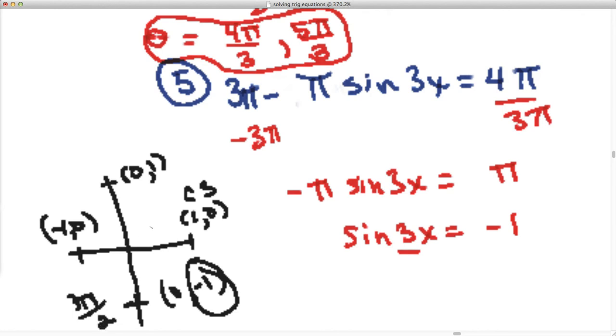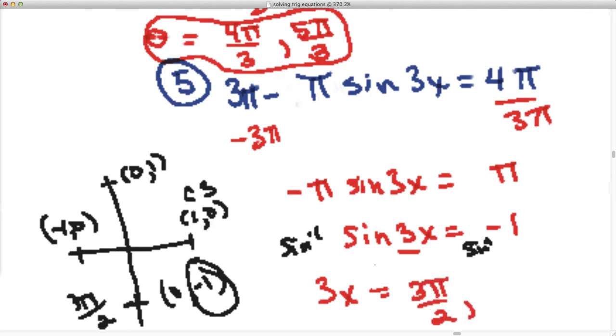Okay? Now, when you do sine inverse on both sides, you're going to be left with 3x equals 3 pi over 2. And we got to go 3 times around the unit circle because of this 3 coefficient right here.